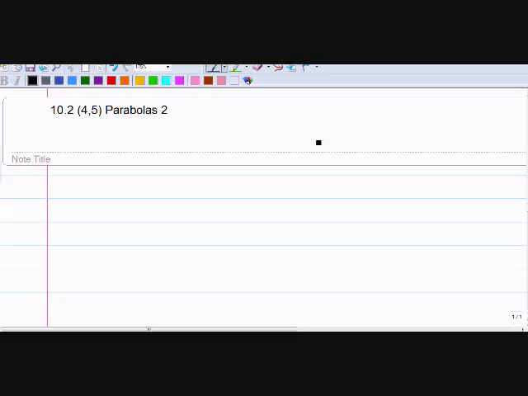So let's go back and review what you know about graphing parabolas in vertex form. So what I mean by vertex form, y equals a times (x minus h) squared plus k. That's the vertex form you know.